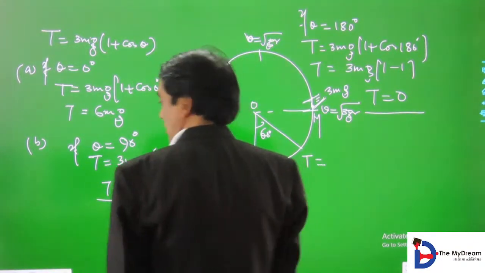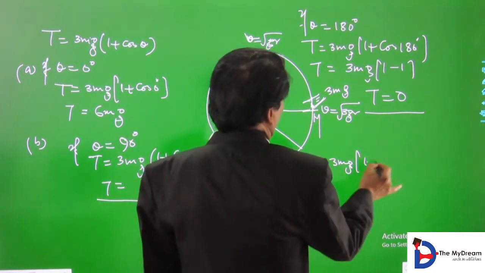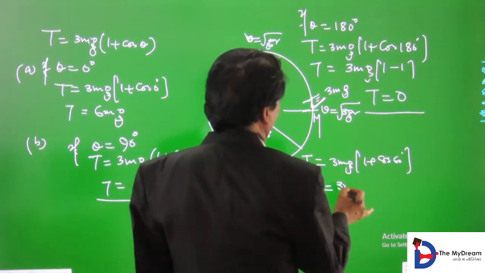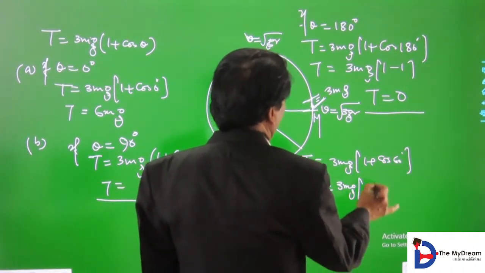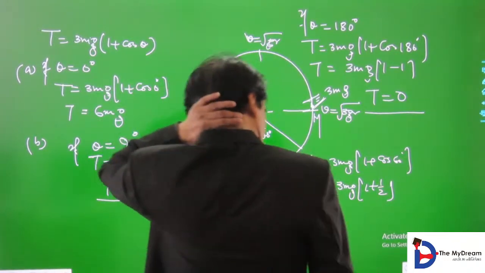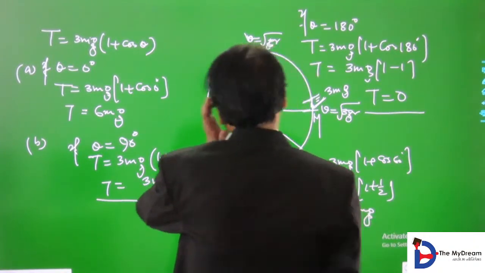T is equal to thrice of mg(1 plus cos 60). Cos 60 will become 1 by 2. Then you will get 4.5 mg.